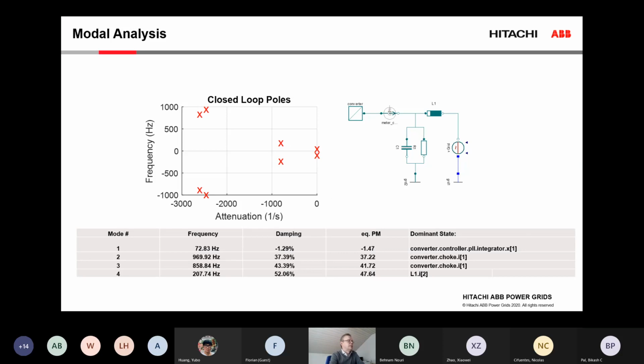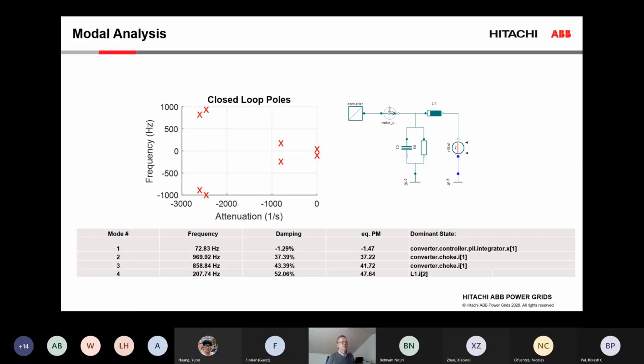For example, if we take again our example, there was an instability at around 70 Hertz. One of the resonance modes has a positive real part and a negative damping. What we can do now is rank the dynamic states in the model given that participation factor matrix.